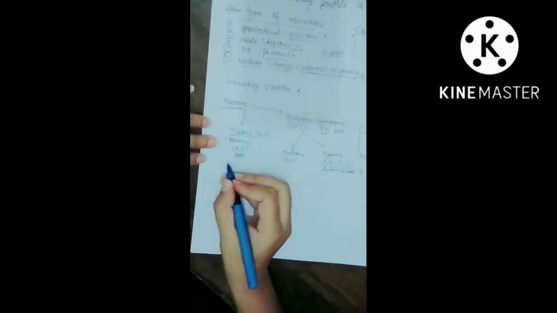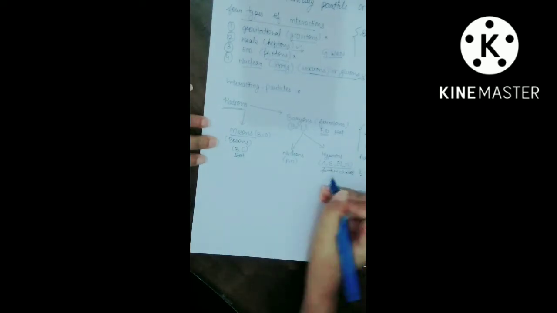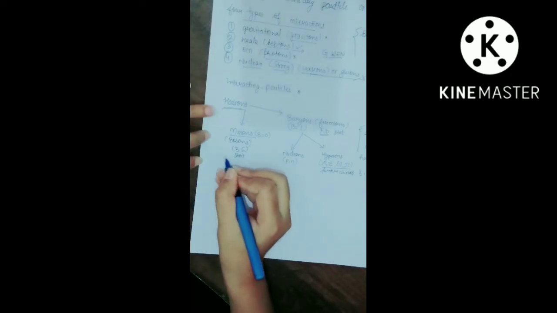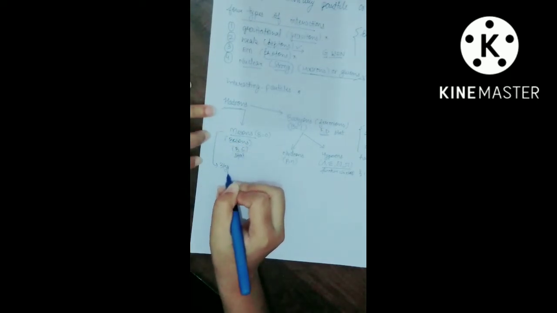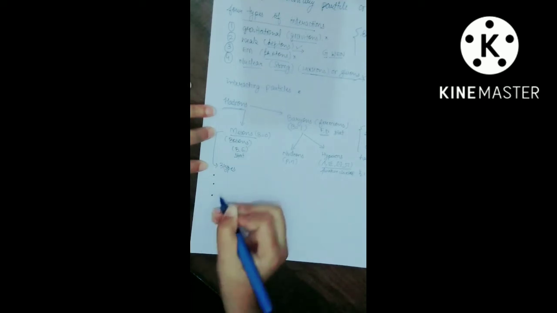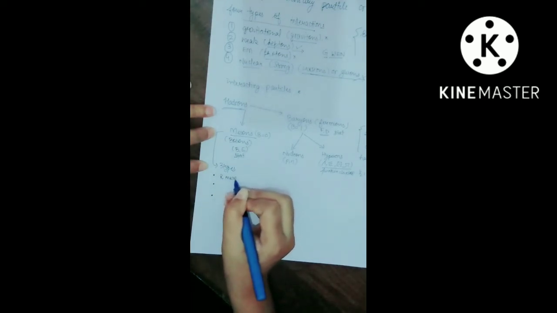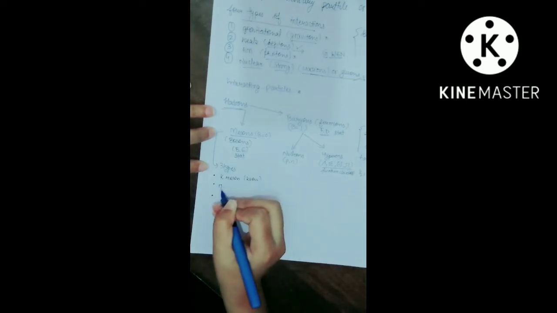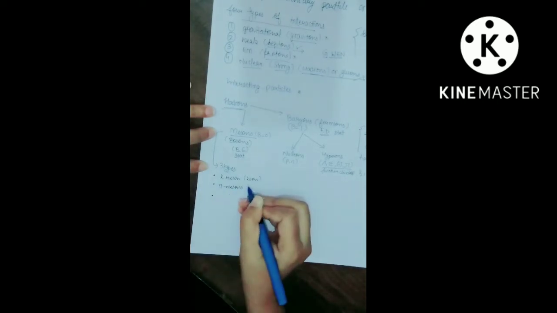And if we talk about mesons, which are a type of bosons, mesons are of three types. First is k mesons, then pi mesons, and eta mesons. K mesons are also known as kaons, and are further divided into three types. Pi mesons are known as pions, and are also divided into three types.